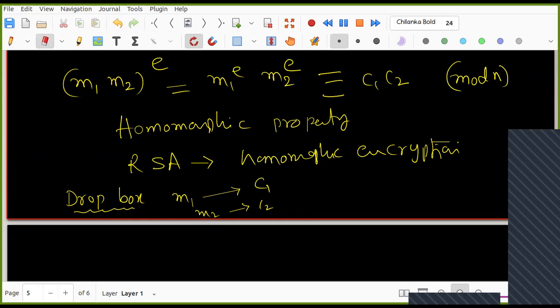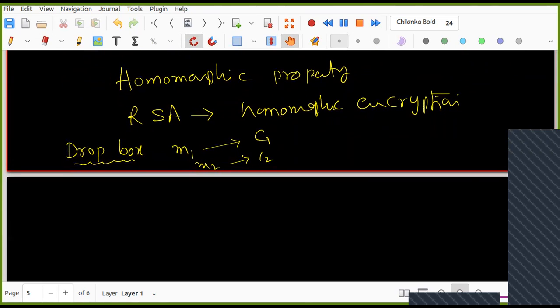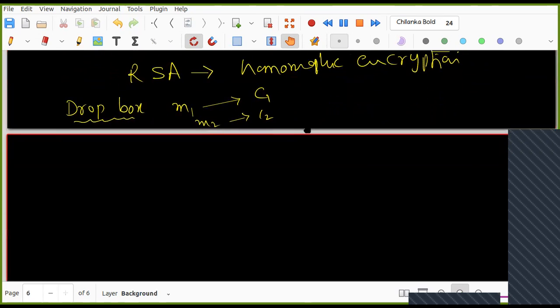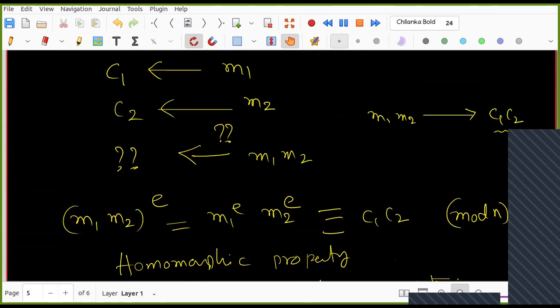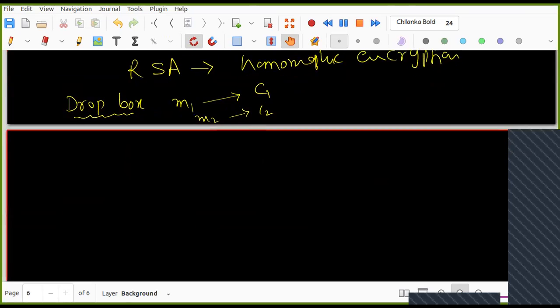So this is a very big advantage of homomorphic encryption. There are many variants, such as fully homomorphic encryption, which are nice things to read further. Those who are interested in cryptography, we will discuss more if you are interested. So this is a nice property, but there is a disadvantage of this.